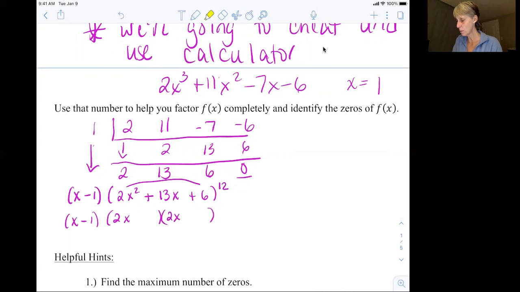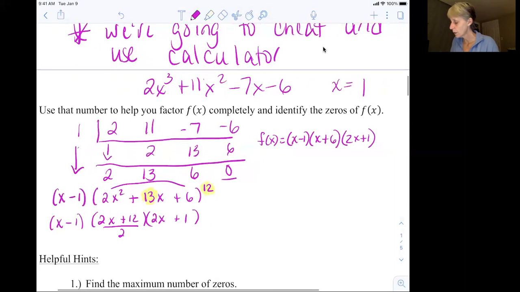I want to find two numbers that multiply to 12 and combine to give me 13. That's going to be 12 and 1. I put in a factor of 2, so I have to divide that away. So my function in factored form is x minus 1 times x plus 6 times 2x plus 1. And this would be the factored form of my function.